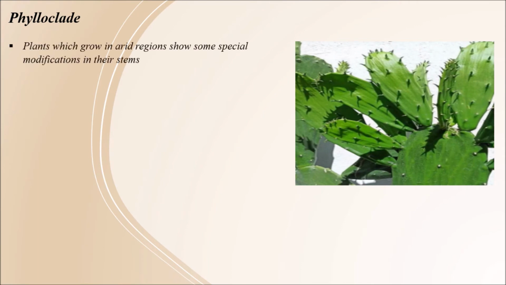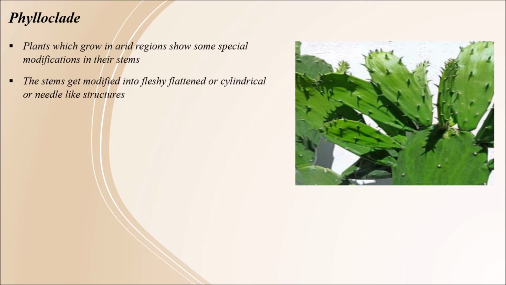And coming to the other one, we have Phylloclade. What are Phylloclades? Plants that grow in arid regions show some special modifications in their stems.